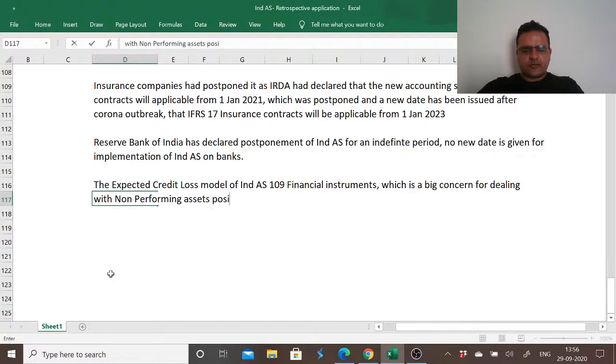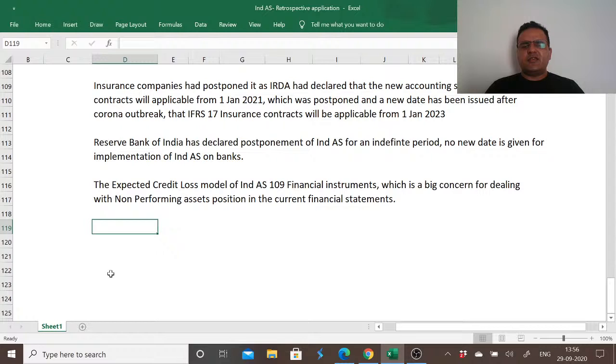The current model in the financial statements is the incurred loss model.